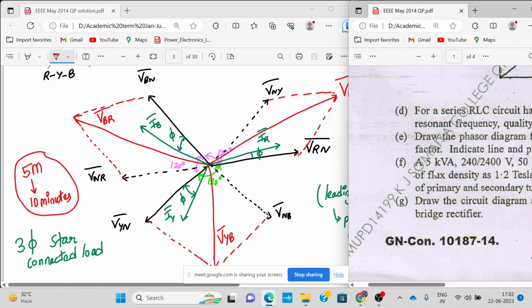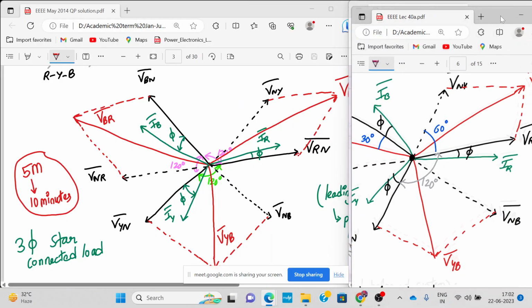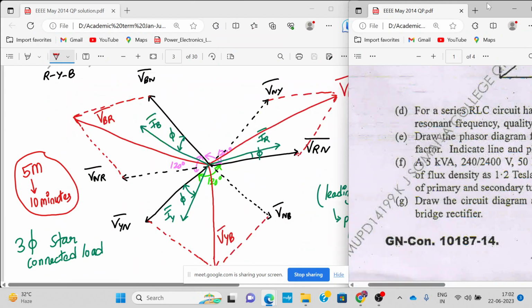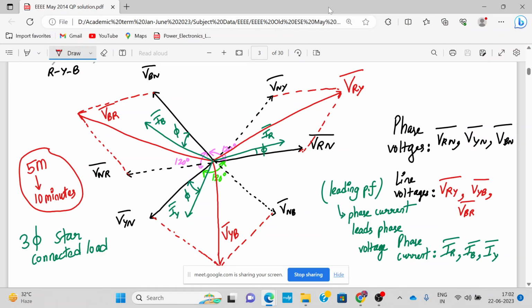Now, one more thing I wanted to add. I have not marked one thing. Normally, they expect the phase angle. I'll show you. Wait. They expect this also. VBN and VBR, the phase angle is 30 degree. The difference between them is 30 degree. This I have not written, but here I can add one more thing.